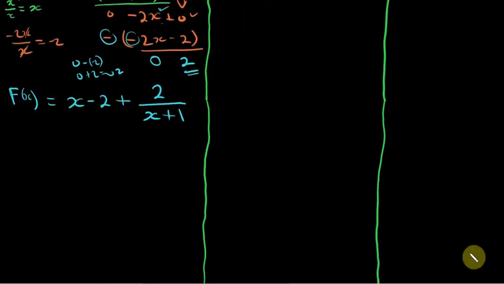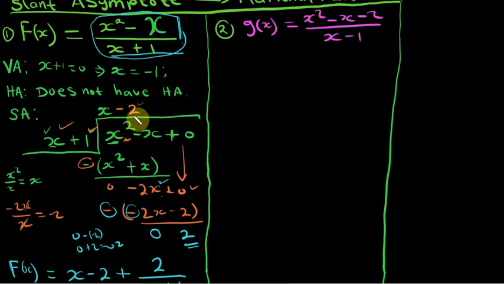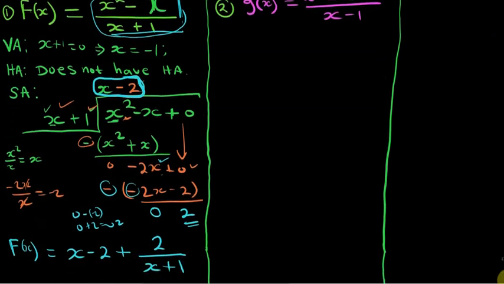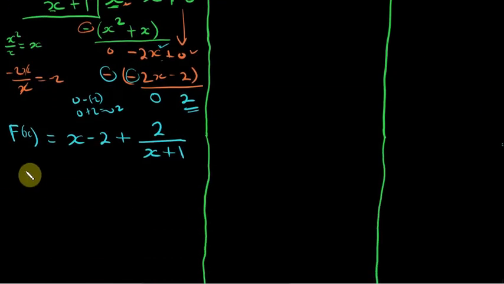The answer you get from your long division is your equation for the slant asymptote. That's the location of our slanted asymptote.